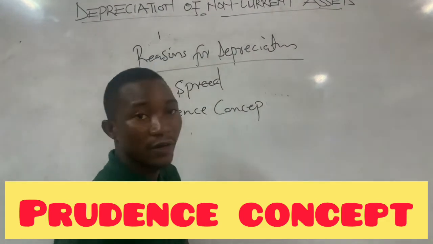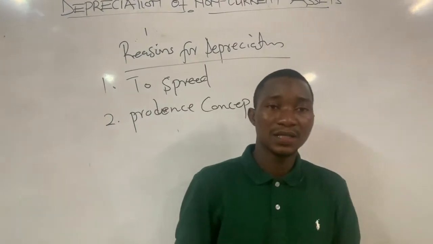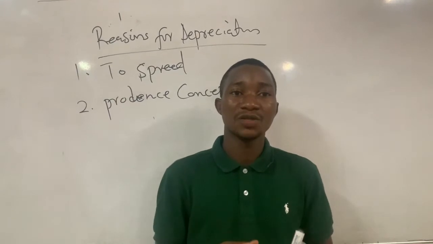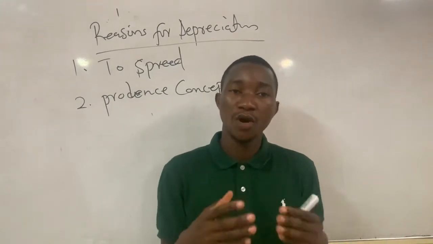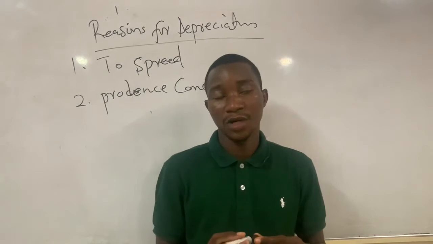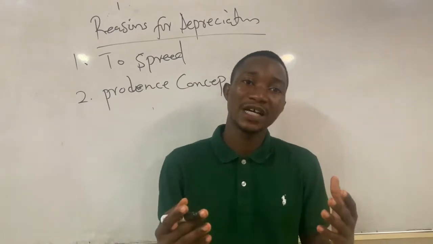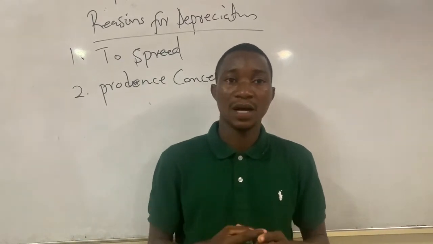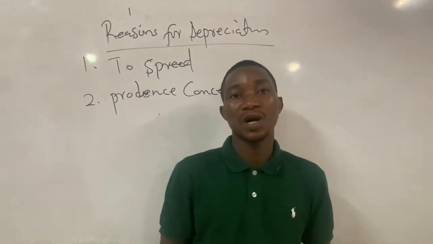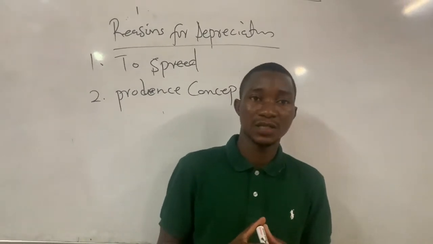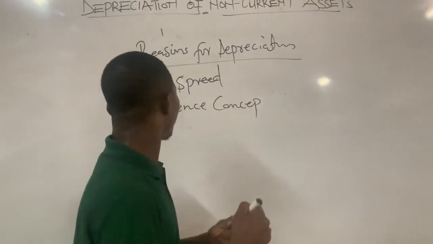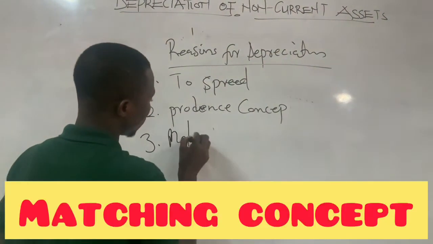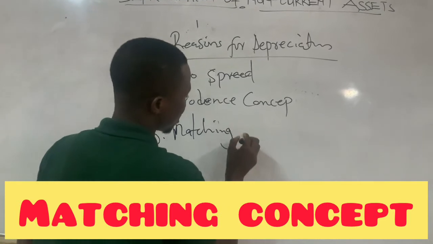The prudence concept says that profit will be overstated if depreciation is not charged against income during the financial year. So when we don't charge depreciation against income during the year, we will overstate our profits, and because of that we need to account for depreciation. We also have another principle, which is the matching concept.